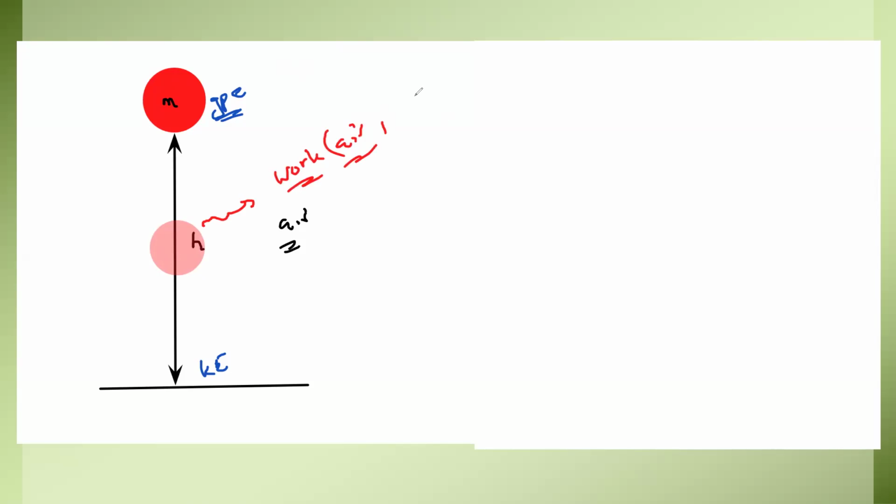So what equation will we write in this case? We'll write the GPE, the gravitational potential energy, is equal to the sum of the work done against the air resistance plus the kinetic energy. Gravitational potential energy is mgh. Work done against the friction will be F into D, the frictional force times the distance.